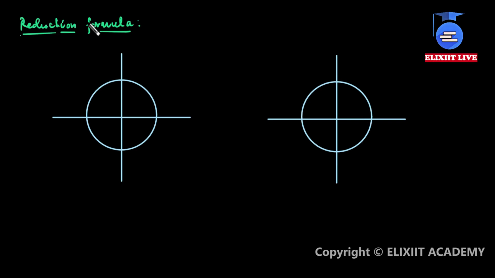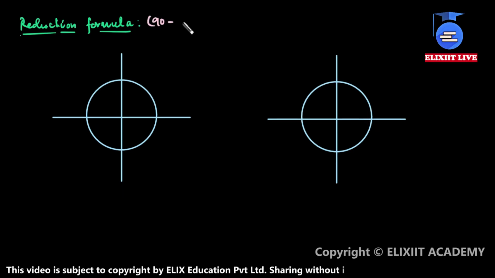There are various reduction formulas. So here we discuss the reduction formula for 90 minus theta: sin 90 minus theta, cos 90 minus theta. All of you know this thing. Sin 90 minus theta is actually cos theta. Cos 90 minus theta is sin theta. The concept is derived from this unit circle itself. I will discuss it from the unit circle point of view.